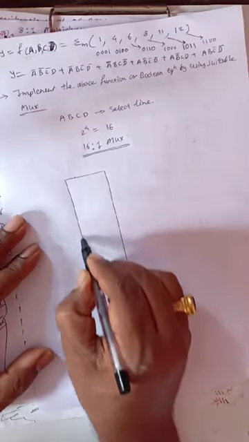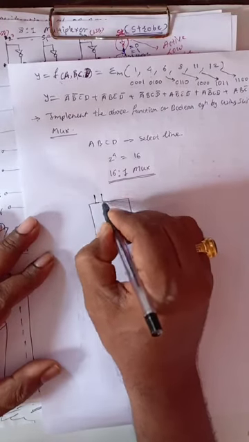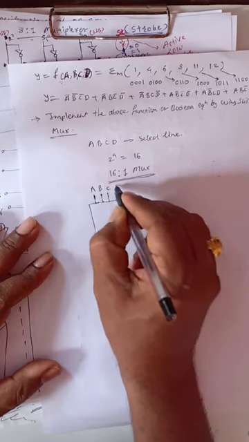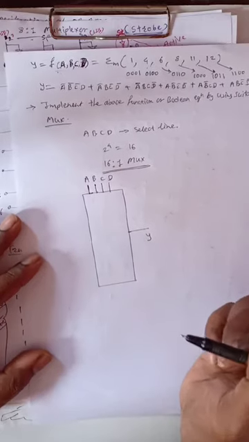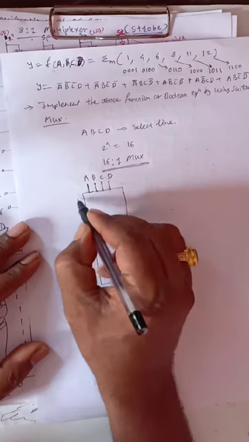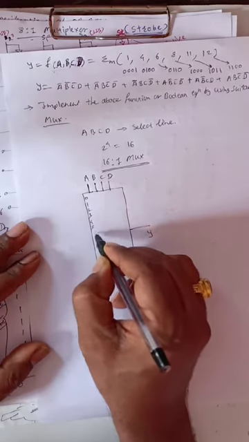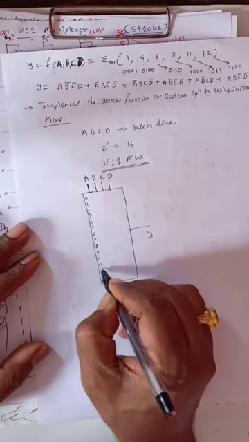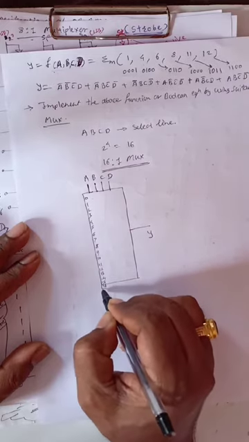So consider this multiplexer which has select lines A, B, C, D, and output Y. It has 16 input lines: 0, 1, 2, 3, 4, 5, 6, 7, 8, 9, 10, 11, 12, 13, 14, 15.